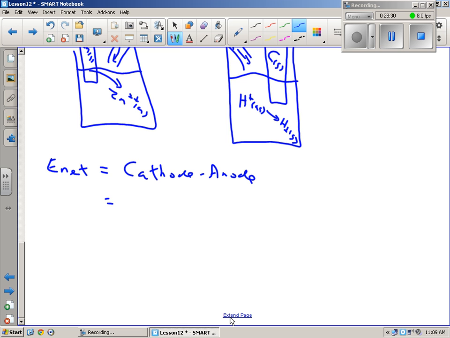If you look that up in your data booklet, the cathode half cell is 0.00 volts, minus, if you look up the zinc half cell, it's a negative, what is it, negative what? 0.76, negative 0.76 volts, okay? We subtract those two, of course, 0 minus a negative 0.76 volts, and we will get a positive 0.76 volts.